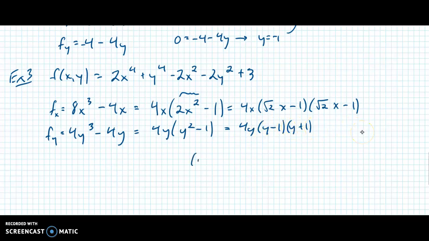So 0 with 0 works. That would be this term and that term. Next, 0 with 1 works. Next, 0 with negative 1 works. What I did there was pair this with this to make them both 0, and then this term to make them both 0, and then this term to make them both 0.